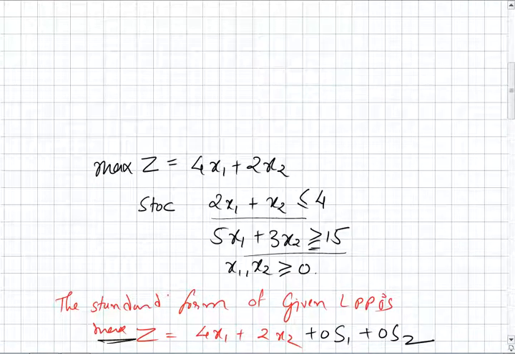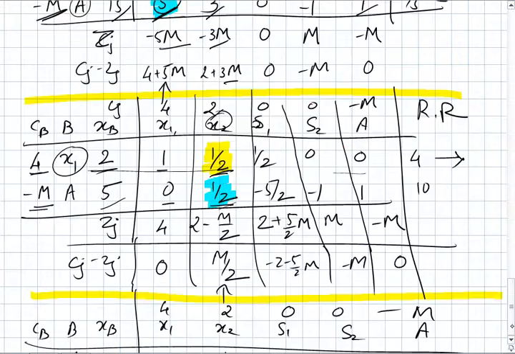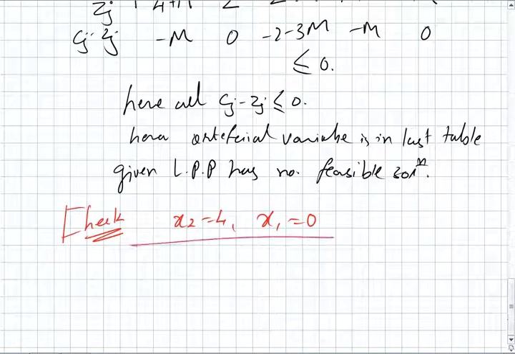So x2 is equals to 4 and x1 is 0, so this constraint is satisfied. But here x1 is equals to 0 and x2 is equals to 4, so here value is 12, and 12 is not greater than or equals to 15. That is not satisfied. So our last solution is not feasible one. So this way also you can see that our given linear programming problem is not having a feasible solution.